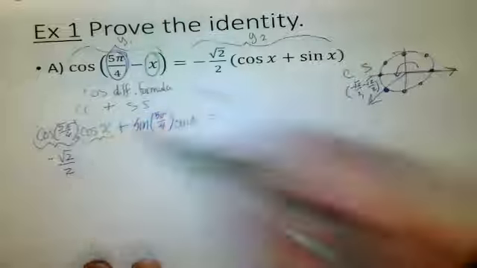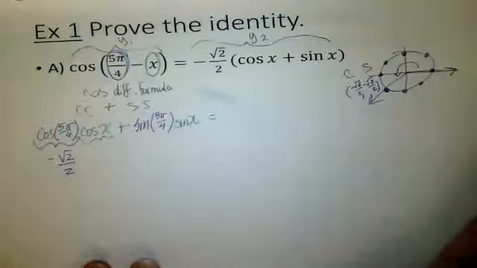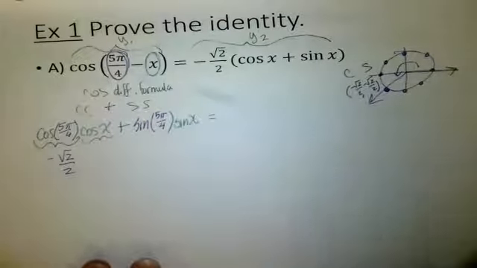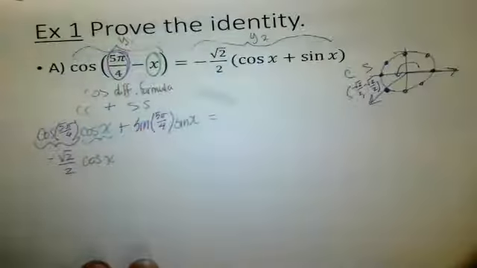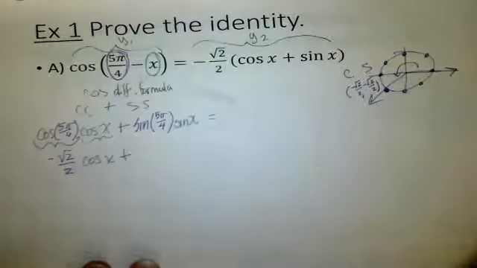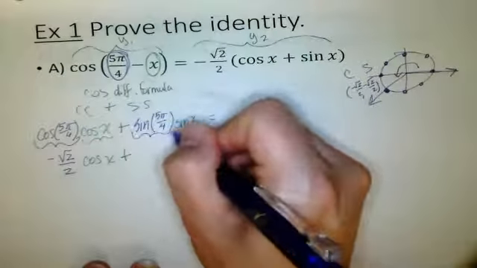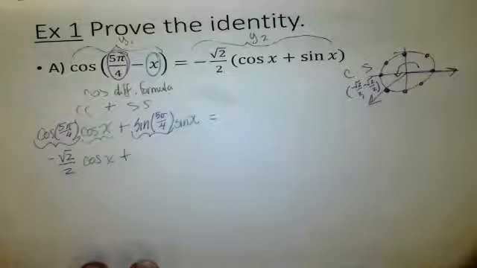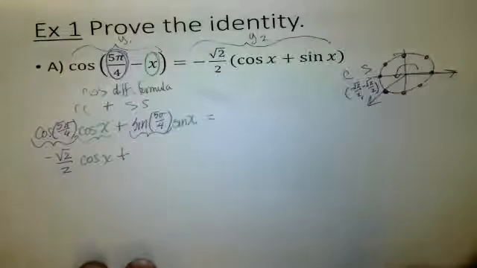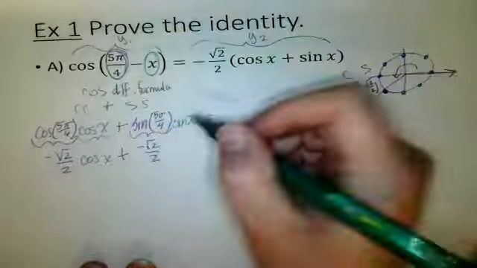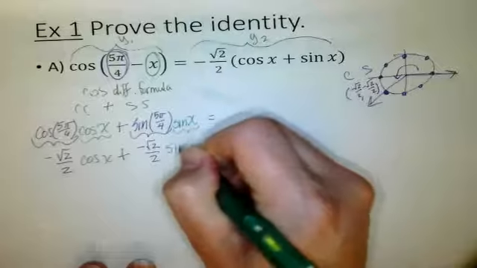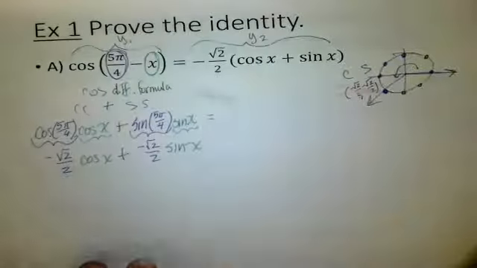Can I do anything with the cosine of x? No, I don't know what x is. They didn't give me anything about angle x. So we just get to leave it cosine of x. Plus, what is the sine at 5 pi over 4? Negative radical 2 over 2. And again, sine of x, I have no information about that.